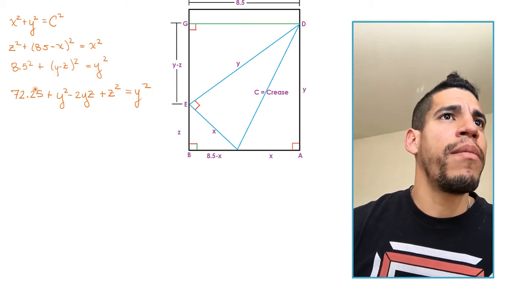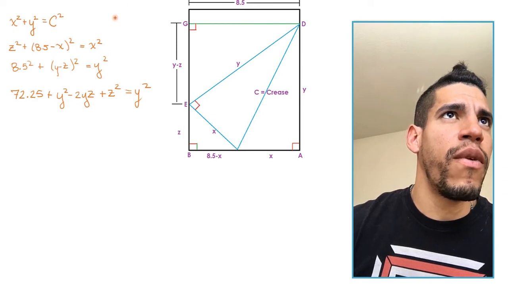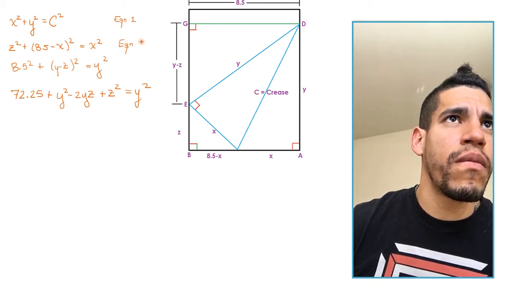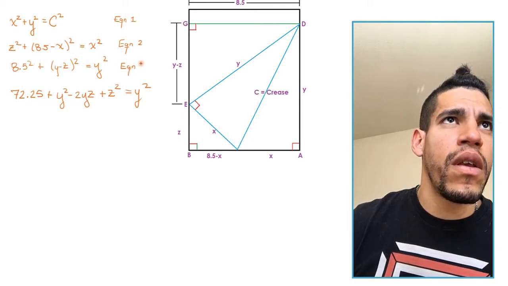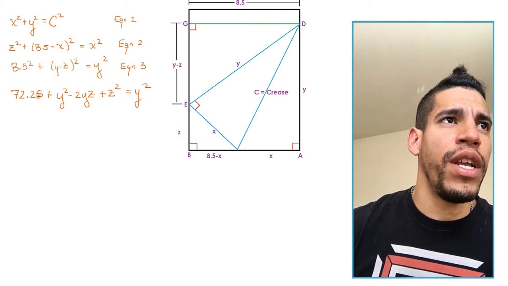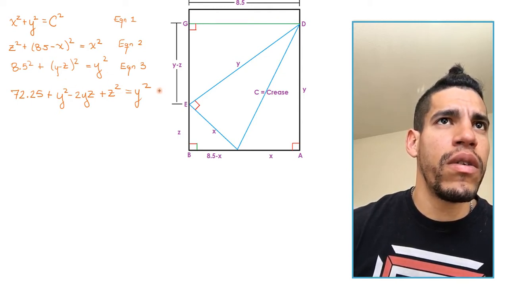Let me label these: this is equation 1, this is equation 2, this is equation 3. This one came from equation 3, and we'll call it equation 4 because we're going to use it later.